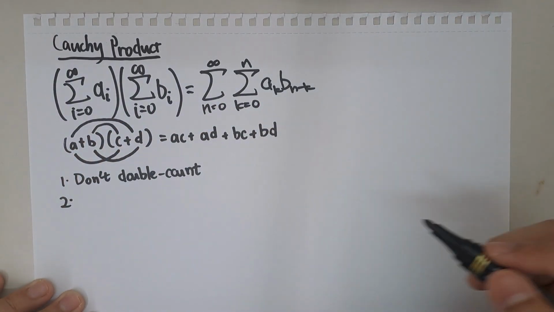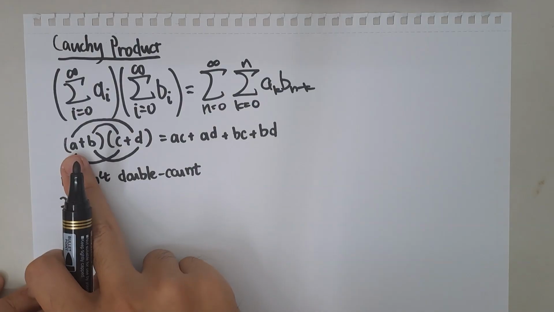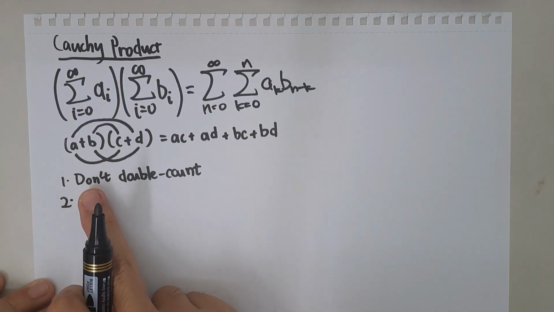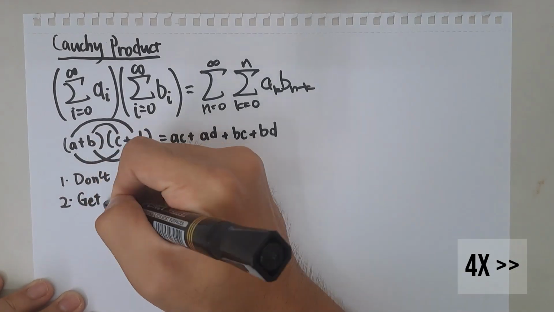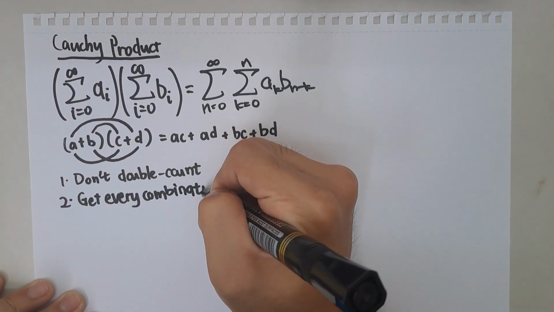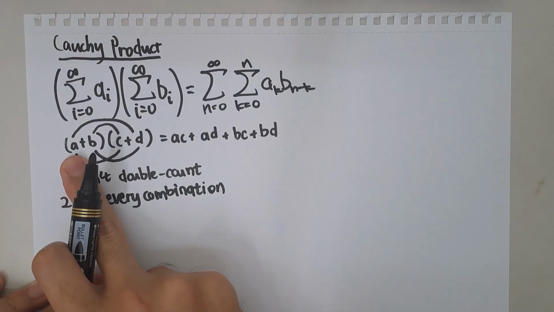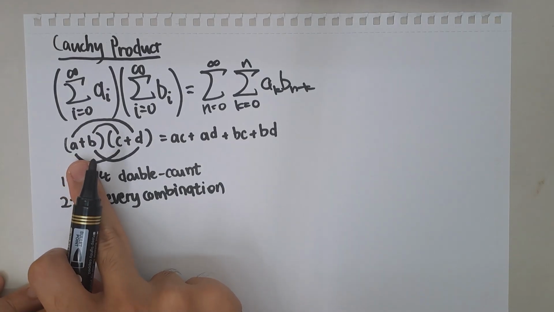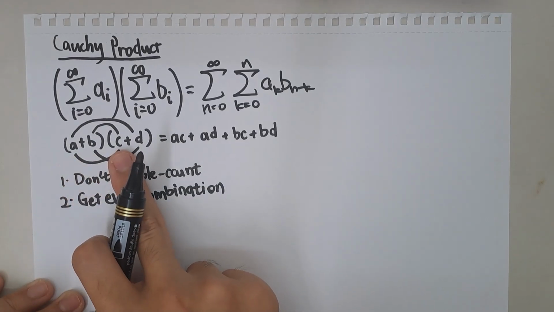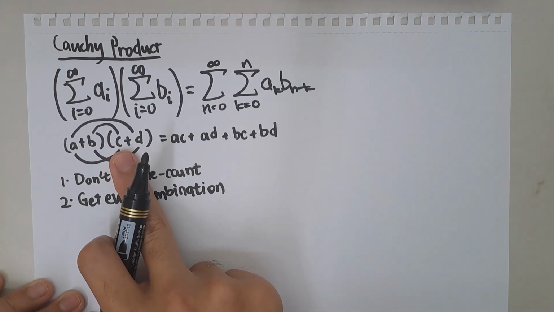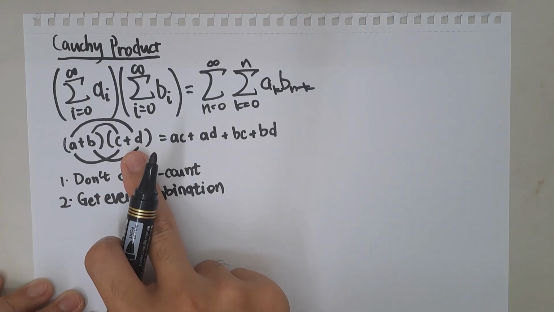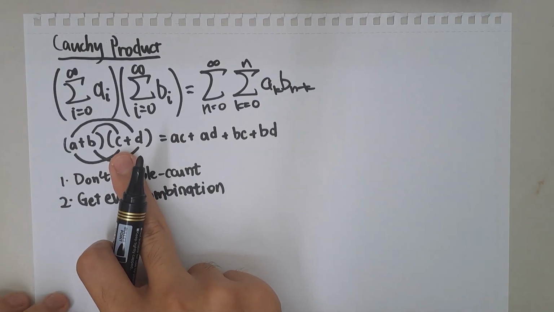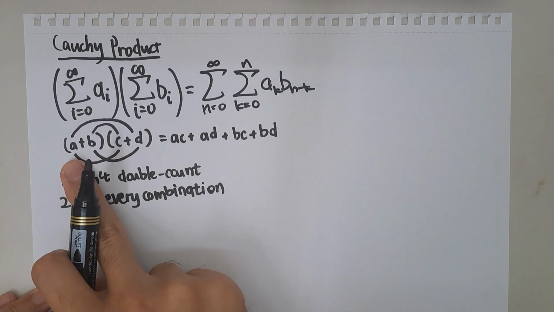And another thing we should take note of when we expand is we want to get every single possible combination. What that means is each term from the first sum must match with every term in the second sum exactly once. And likewise, every term in the second sum must match with every term in the first sum exactly once.